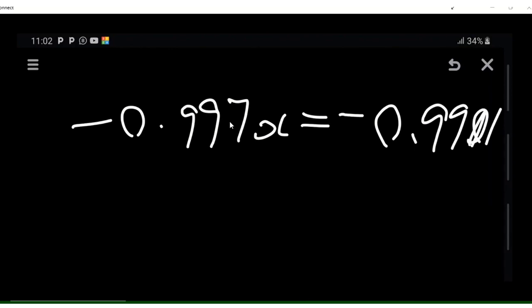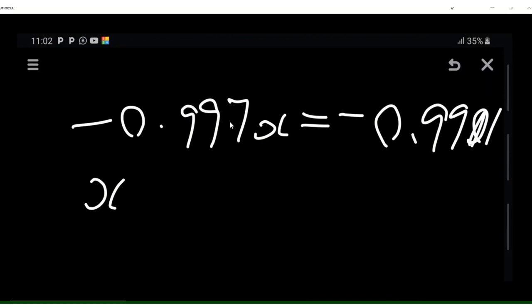My handwriting is very bad actually. So you find the x. What is the x? You divide both sides by negative 0.997.